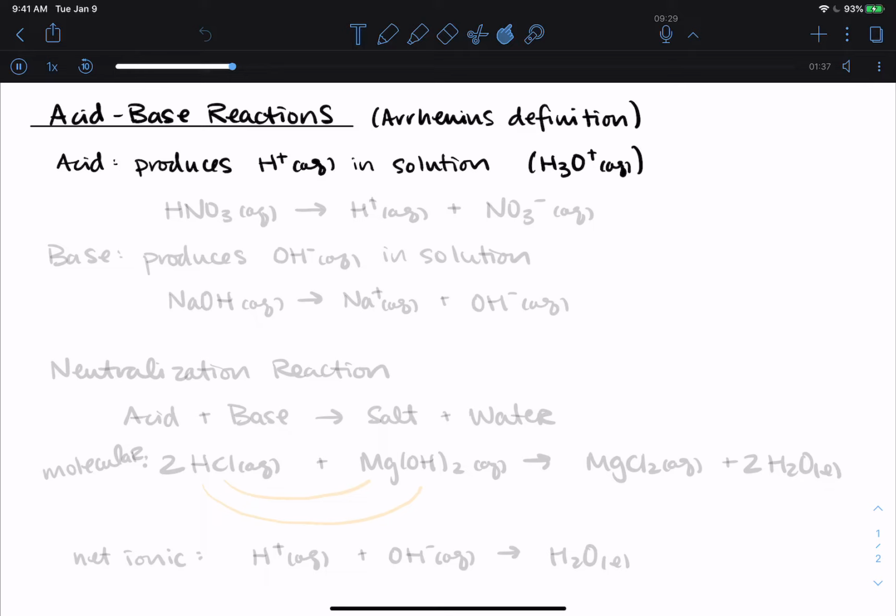So an example of an acid that we can look at a reaction for is something like nitric acid. So this HNO3 aqueous, if it produces H+ or produces H3O+ in solution, what this means is that this, as a soluble thing, will produce H+ aqueous and nitrate, so the NO3- aqueous.